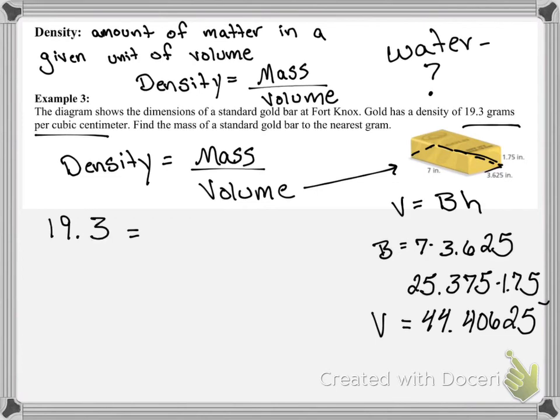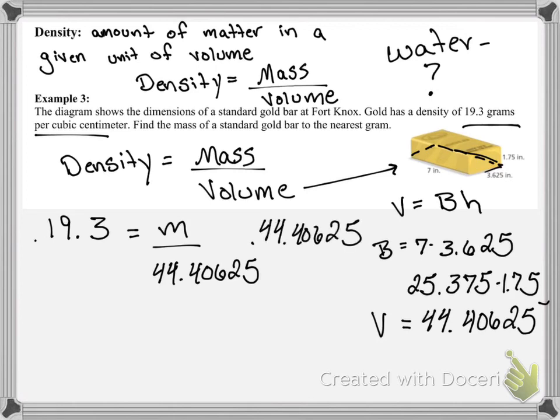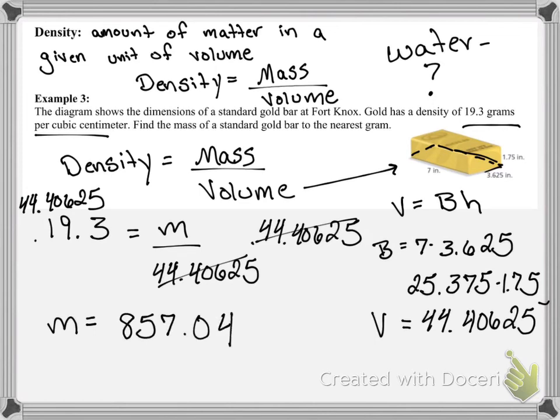Equals the mass, which we're trying to find. So I'm just going to use M divided by the volume, which is 44.40625. To solve for mass, I'm going to need to multiply both sides by 44.40625. Those cancel, so my mass is equal to 44.40625 times 19.3, which is 857.04.